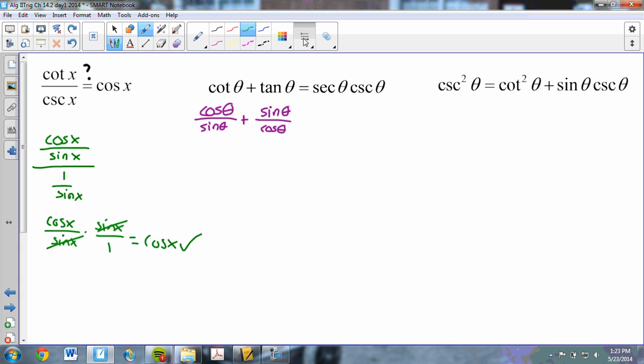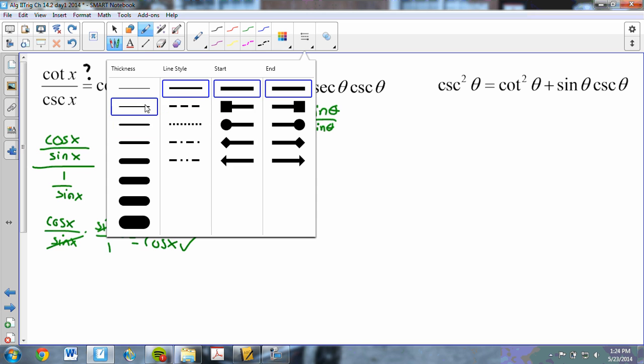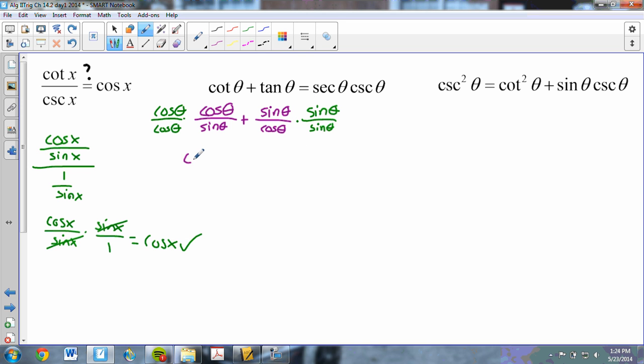We need a common denominator. So this needs to have a cosine, and this needs to have a sine. And now we can get one somewhere on the top. Cosine squared plus sine squared over sine cosine.